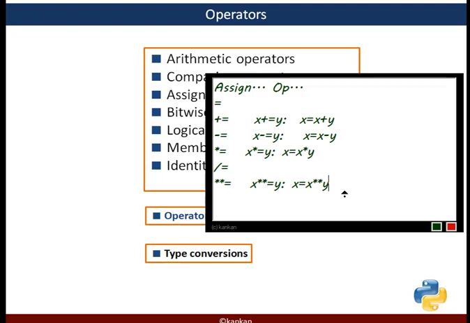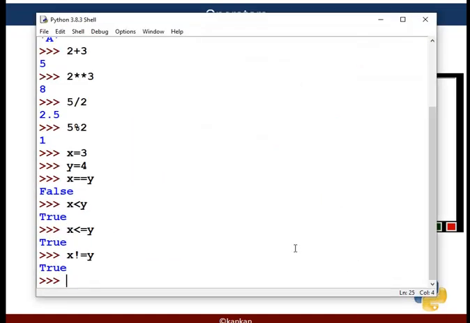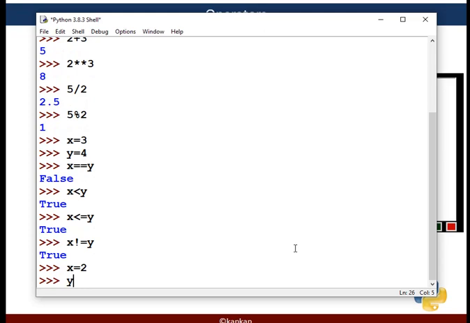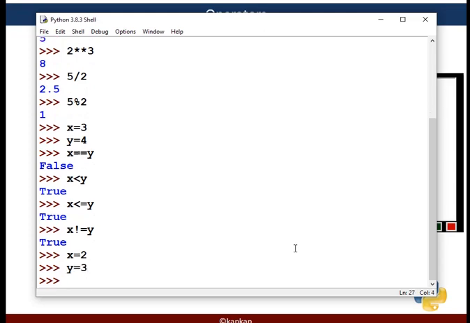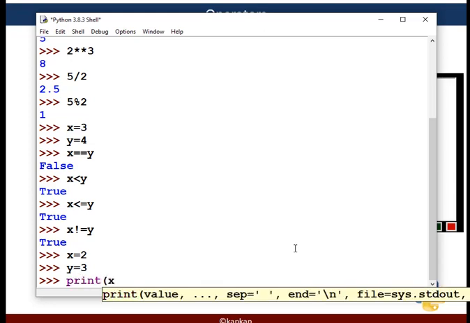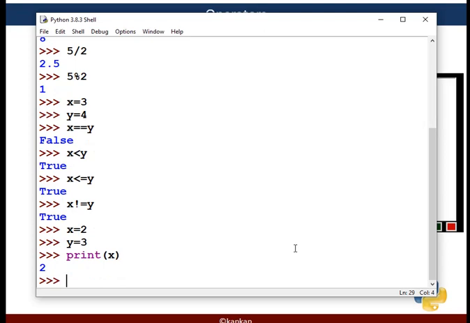Now how will it work actually? Just write the code. X equals 2, y equals 3. Now you print x. The value is 2.